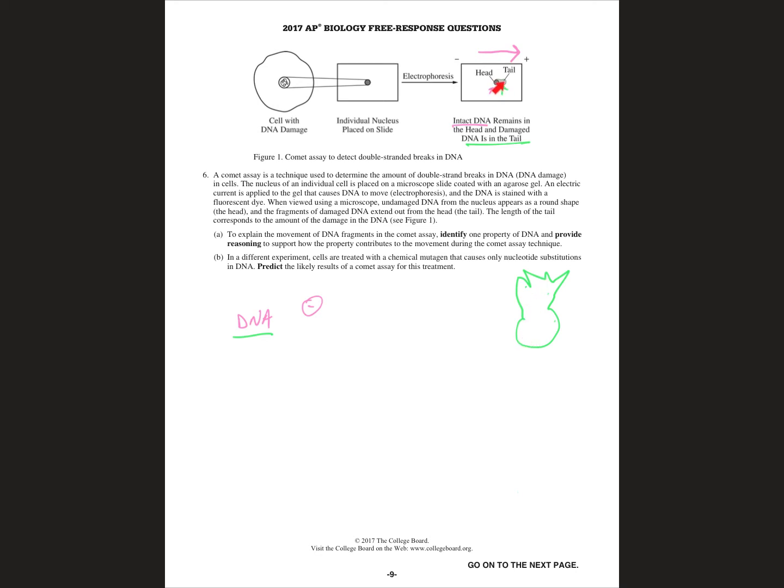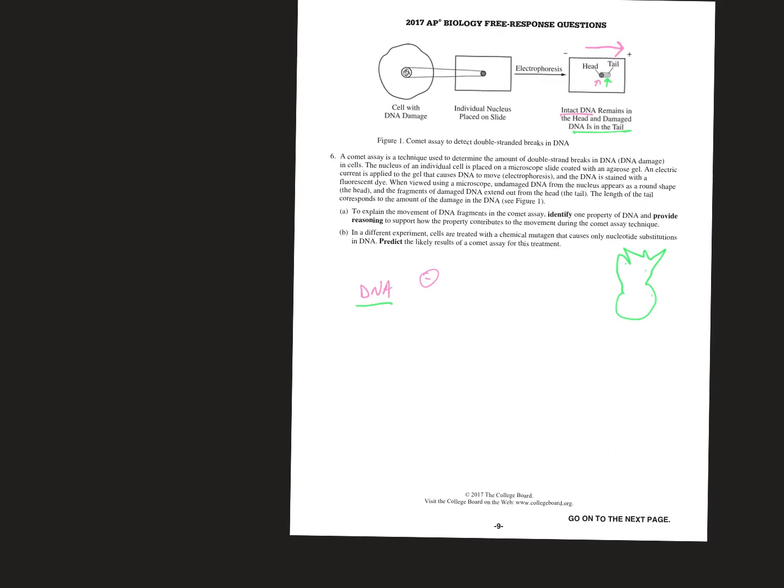The tail is moving faster, and theoretically it's because they're fragments, right? DNA fragments that have broken off. This DNA damage is the breaking of DNA, and so the little broken pieces are moving faster through the matrix. And this goes back to how gel electrophoresis works. Let me quickly remind you how gel electrophoresis works.